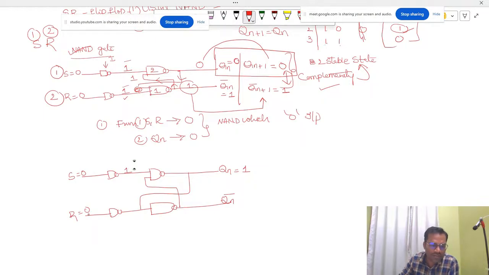Here how much we had applied? 0. And what is the output you are going to get here? 1. But which gate we should solve first? Directly from S and R I should get how much? 0. It is not getting. First case fail. And from one more input like Qn, I should get one input as how much? 0.